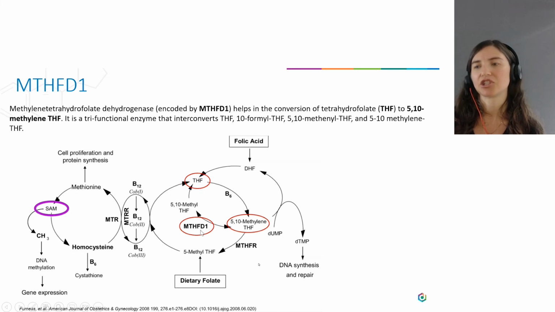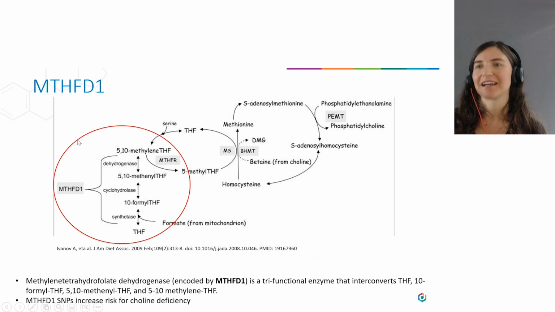It's a trifunctional enzyme, so it's actually catalyzing a few different chemical reactions to get THF over to 5,10 methylene THF. I zoomed in on exactly what MTHFD does in case you're interested, like how does it get THF over to 5,10 methylene THF? It does all of these reactions. That's crazy. But you probably don't really need to know this part. It's not that exciting.